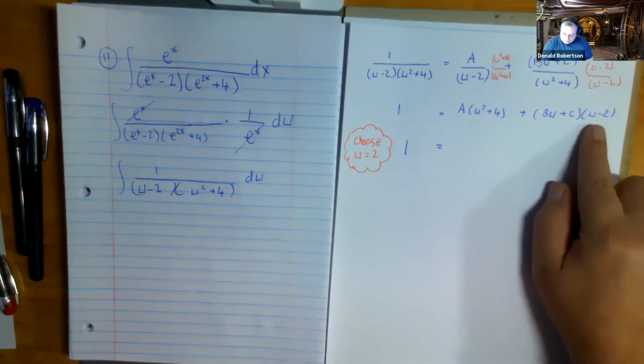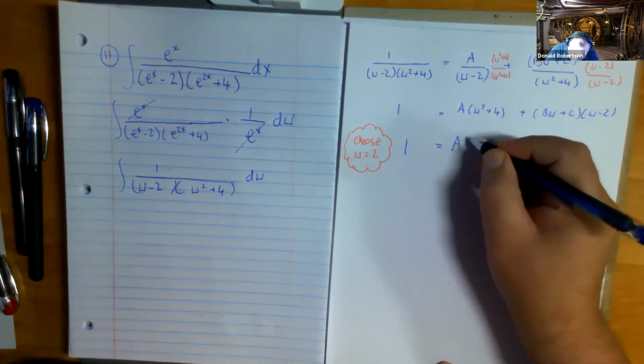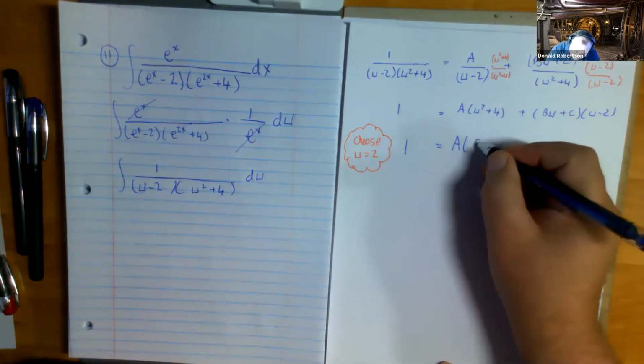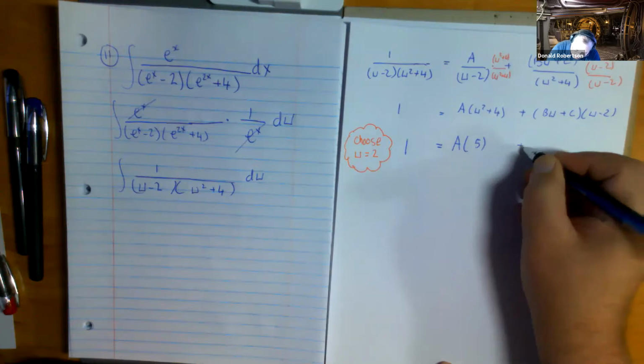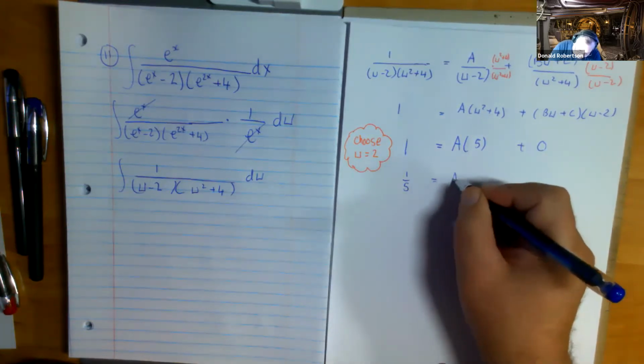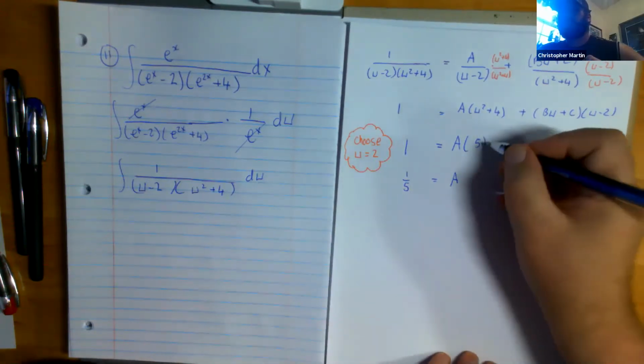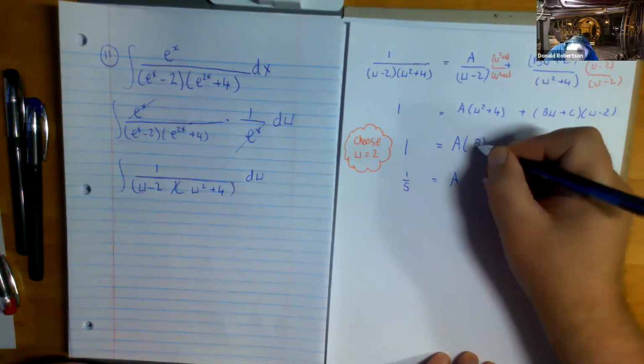So when you're thinking about who to pick, kind of ask yourself that question. What number for you would make a whole chunk like these two go away and just leave me with one variable? So what do I have? I have A, 1 squared plus 4 is 5, plus a whole load of nothings, right? Well, that tells me who A is. U is 2, not 1 squared. Oh, shoot. Did you all catch that deliberate mistake?